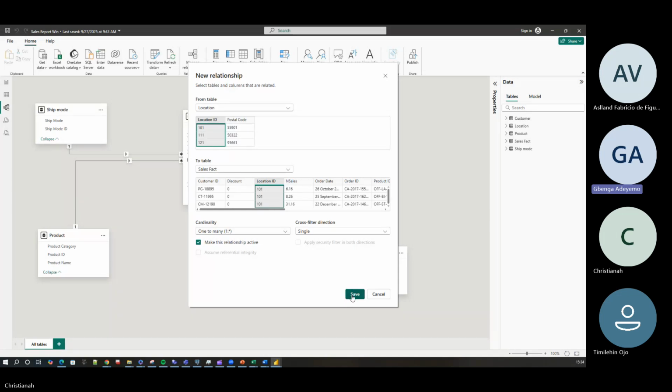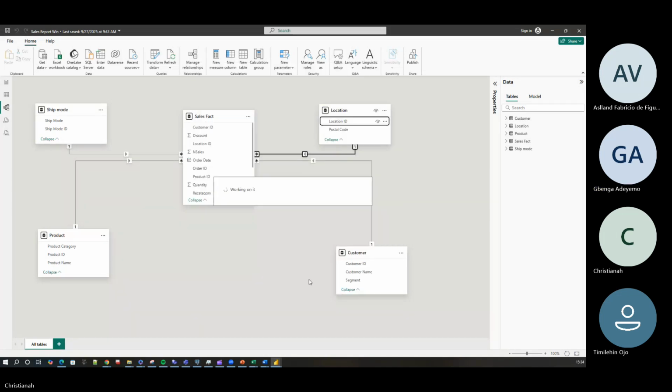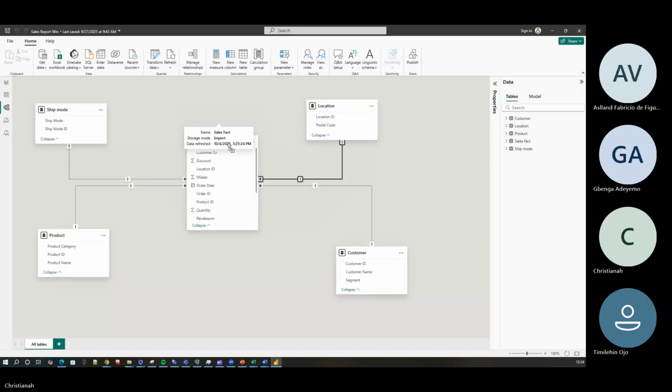You can save now. Done. Okay, good. Now that we have all our tables connected, can you move the sales fact table to the middle? It's still not in the middle yet.